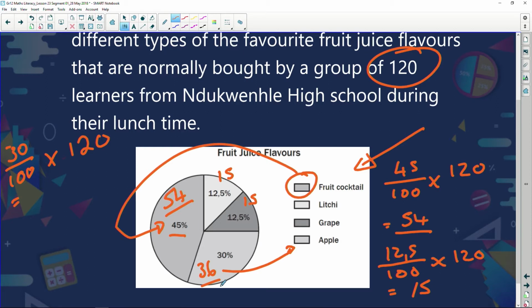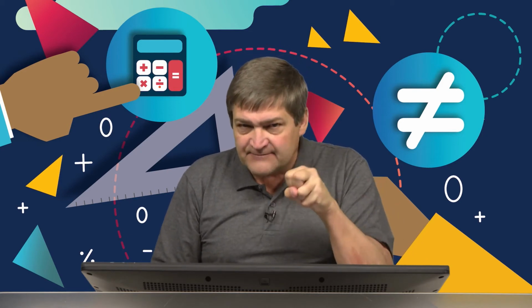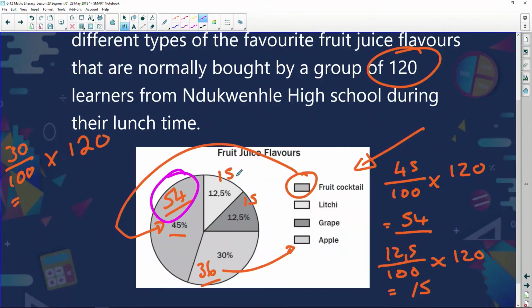Now, here's a way I can check whether my answers are correct. If I take these numbers, 54 learners, 15 learners, 15 learners, 36 learners, they should add up to the 120 learners. If they don't, I've made a mistake, because you will see in this pie chart, there's no little sector that's got nothing in.